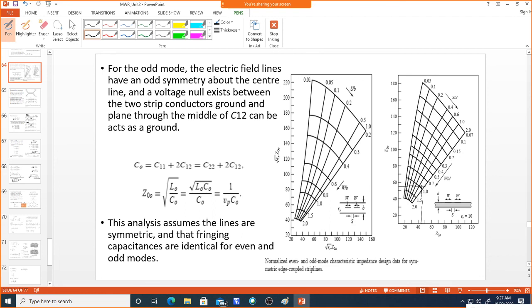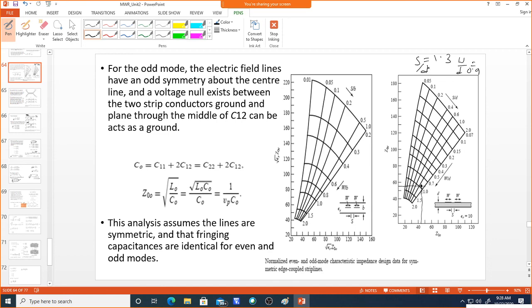So approximately the spacing S by D will be around 1.3 or something like that. So take S by D equal to 1.3, and similarly the W by D ratio you can see here, the projected value we can take as 0.7 and 0.1, which is near to 1, so we can take it as 0.9 something like that.